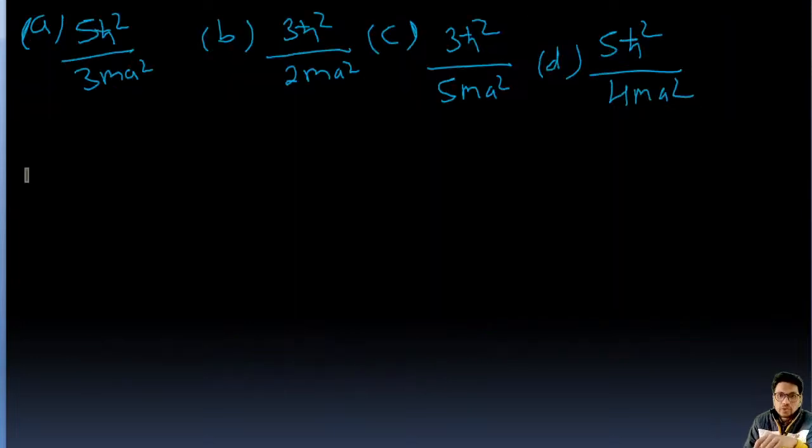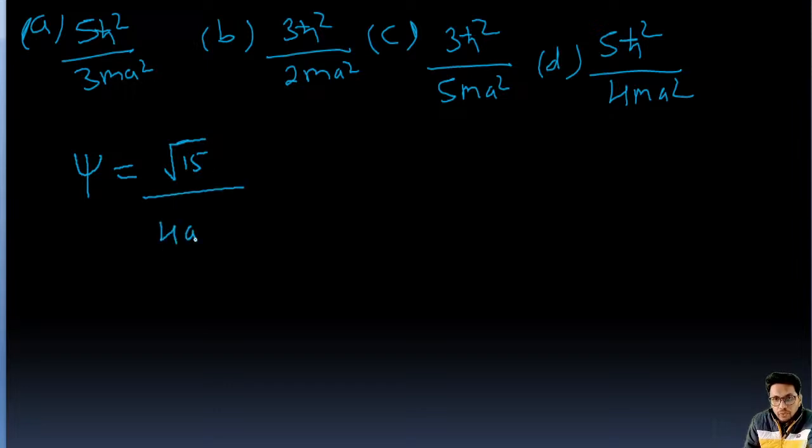So we'll solve it now. The trial wave function is given, that is ψ = √15 upon 4a^(5/2) times (a² − x²), that is given.